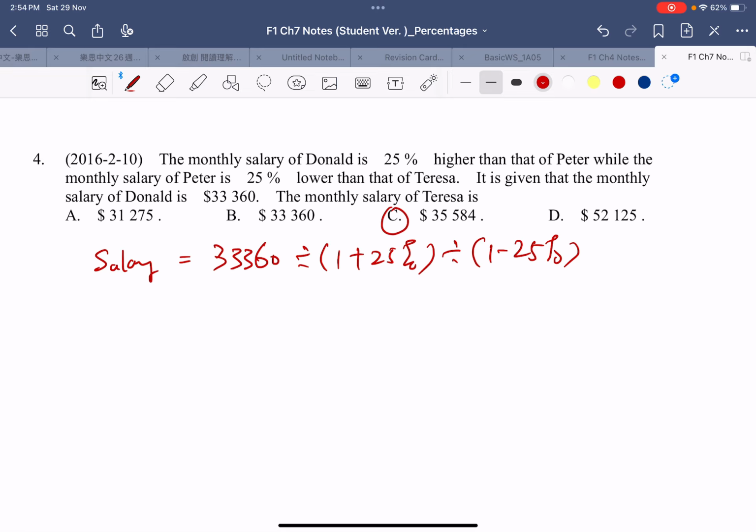Think about it. You can maybe set equations to do it. But in one step, you can do it like this: 3, 5, 5. Because we have 3 people here: Donald, Peter, and Teresa. Okay, this is Teresa's salary.